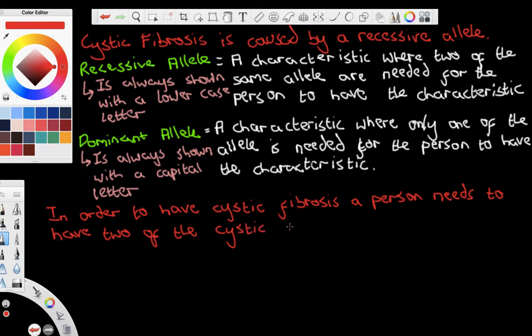In order to have two of them, they have to have one cystic fibrosis allele from their mom and one from their dad. Okay?